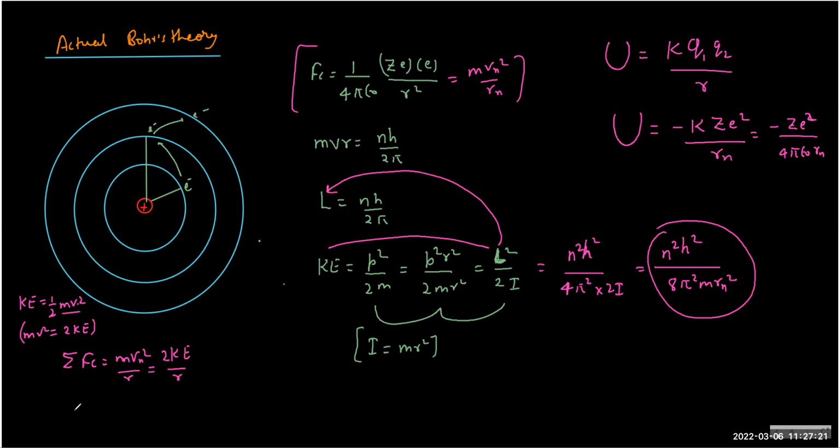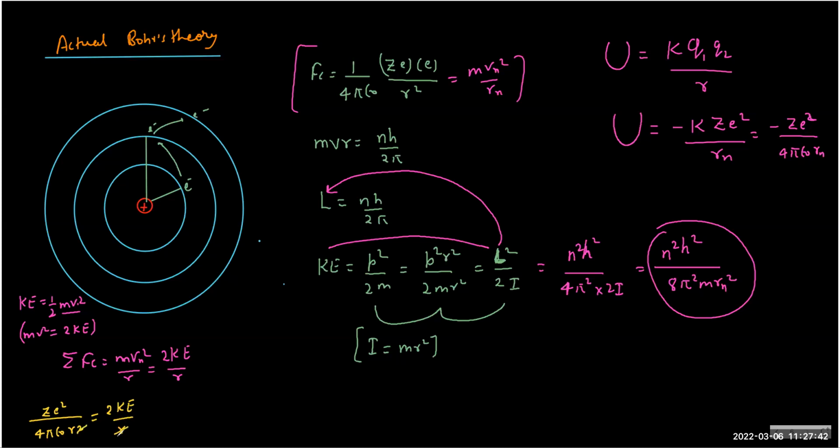Once we have this, we can substitute the Coulomb's formula, which we have already. So that is Z e square upon 4 pi epsilon naught r square, and this is 2K by r.